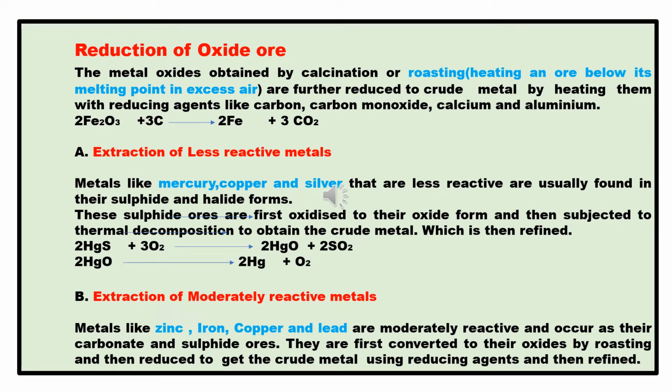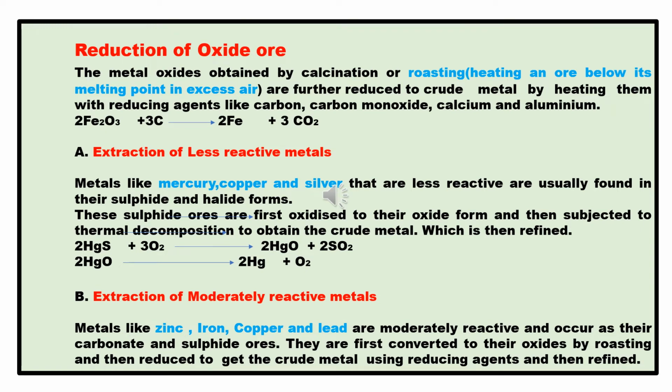So, these metals are less reactive metals, so they can combine only with sulfur. And these sulfide ores are first oxidized to their oxides and then subjected to thermal decomposition, that is by heating, to obtain the crude metal, and that will then be refined to get the metal.